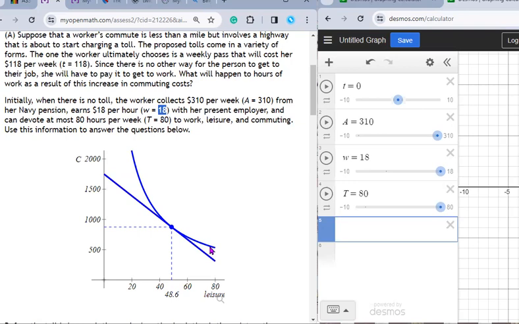Consumption is scarce. Leisure is super abundant. So when she wants one more unit of leisure, she doesn't have to give up very much consumption to get that additional hour of leisure, because again, leisure is super abundant and consumption is not. So that's why the curve bows.